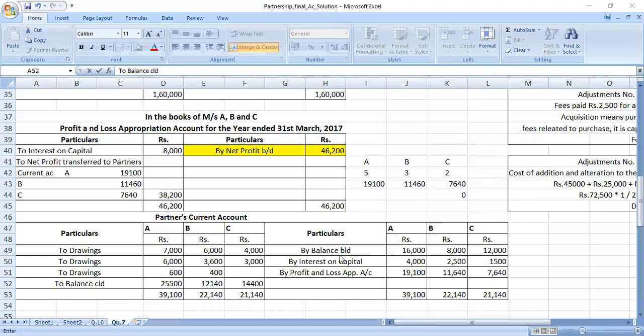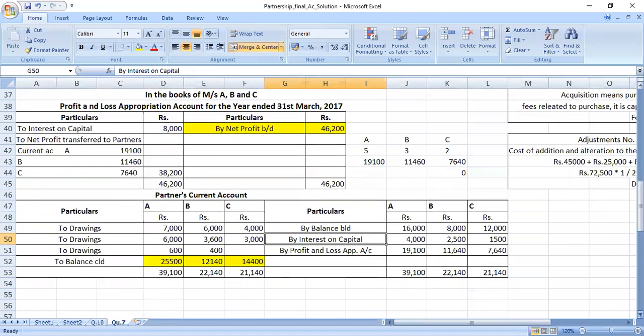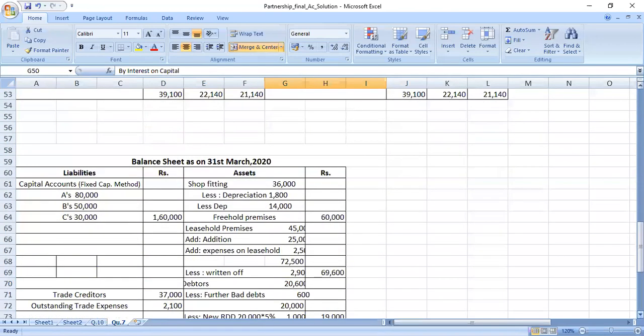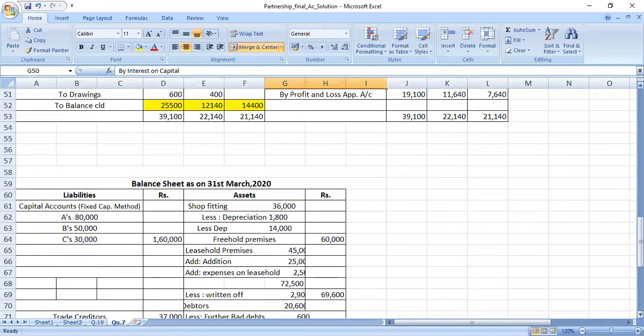After recording this, we got the partners' current account balance. Now this partners' current account closing balance we will transfer to the balance sheet liability side.